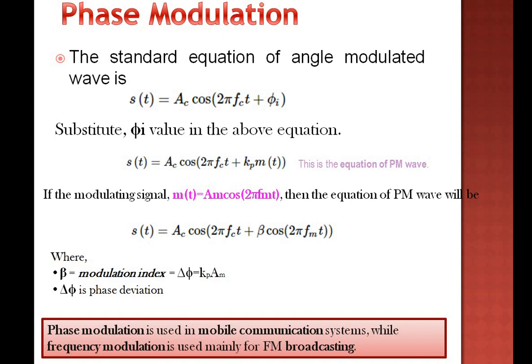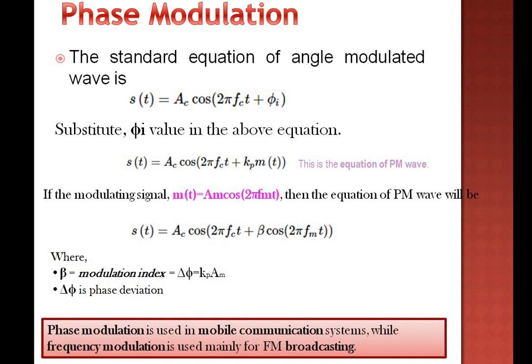In frequency modulation, the frequency of your carrier is varied in accordance with the amplitude of your message signal, and phase and amplitude of your carrier are constant. In phase modulation, the phase of the carrier is varied in accordance with the amplitude of your message signal, and frequency and amplitude of your carrier signal will be constant.